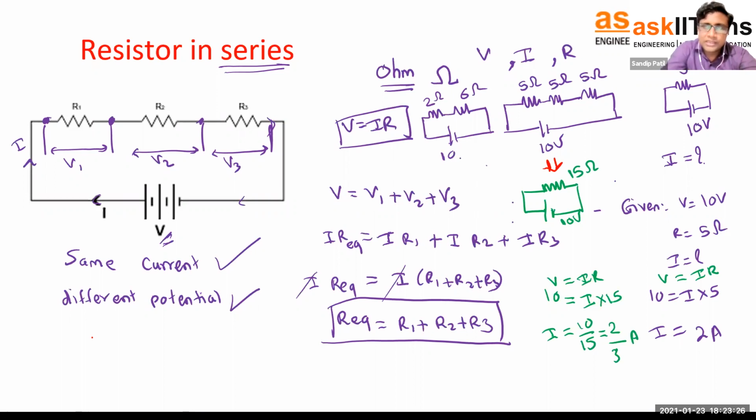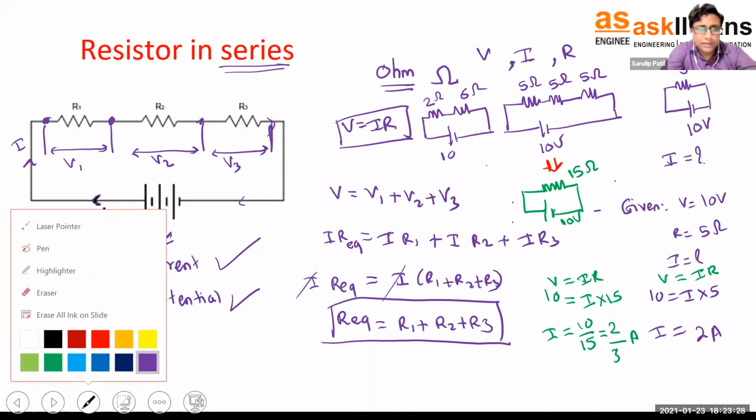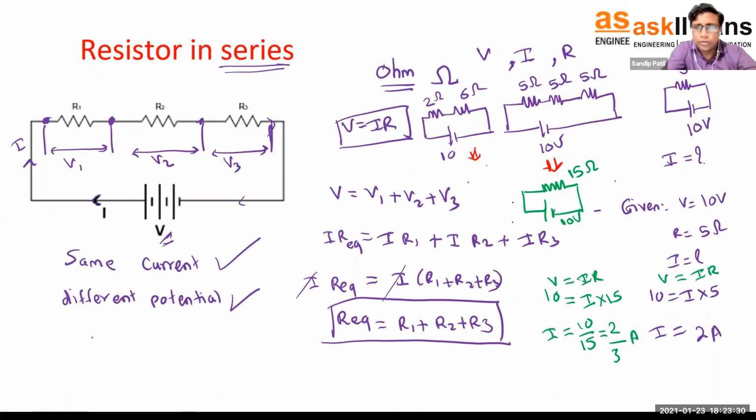What I can say, just replace this circuit. So it will look now something like this: 8 ohm, battery will be 10 volt. And now you can calculate the current using the same method. Okay. So this is how we can see the resistances in series.